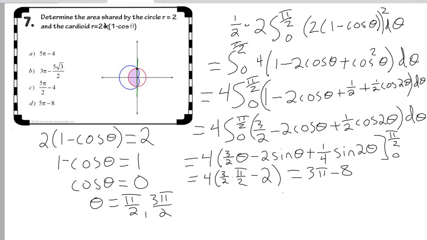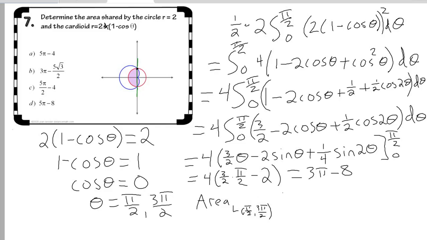Then on the left-hand part, you can set up a nice big old integral, or it's a semicircle. So I'm just looking at my area. I'm going to say area L for the left-hand side. Remember, we're going from pi over 2 to 3 pi over 2 for that one.